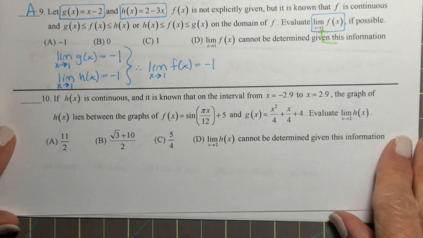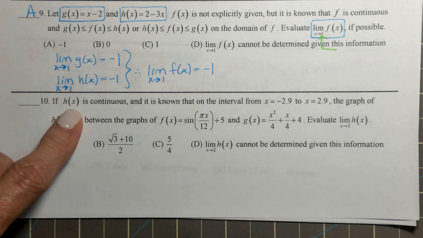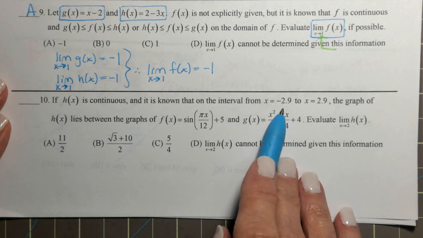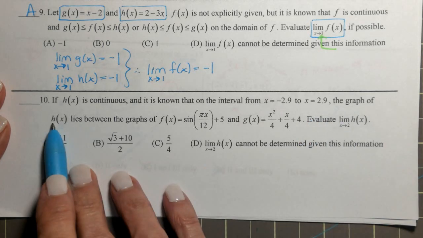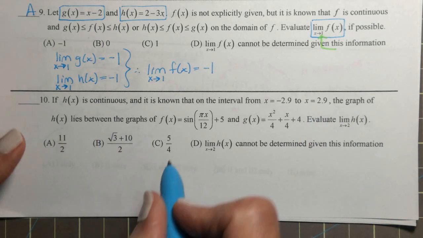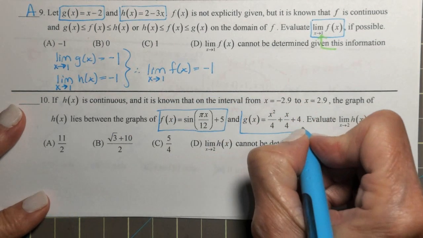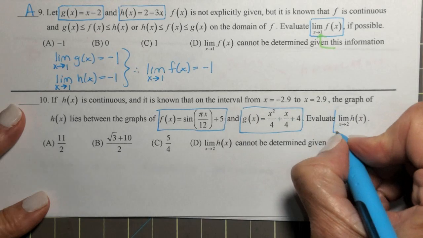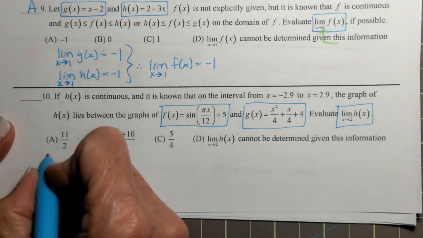Do one more quick one. All right. If h is continuous, and it is known that on the interval from negative 2.9 to 2.9, the graph of h lies between the graphs of f and g. Evaluate the limit as x approaches 2 of h.